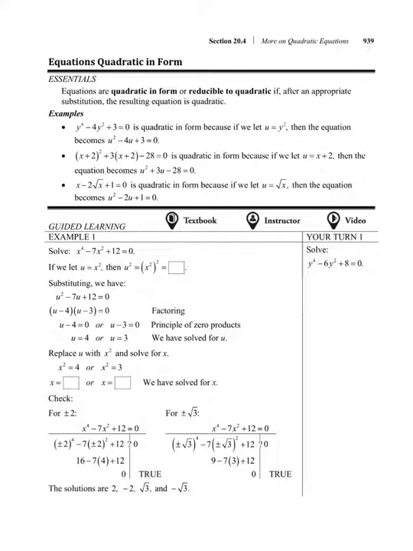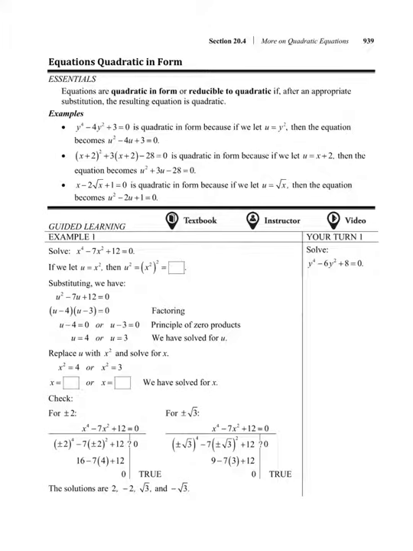So, looking at it, it's not raised to the second power, so it doesn't look like it's quadratic. It's not a quadratic equation, but it's in quadratic form because we can replace the y to the fourth with a u squared, and then the y squared with a u, and put it in quadratic form.